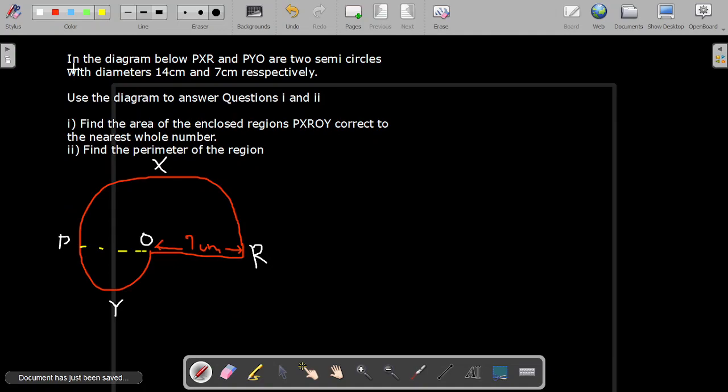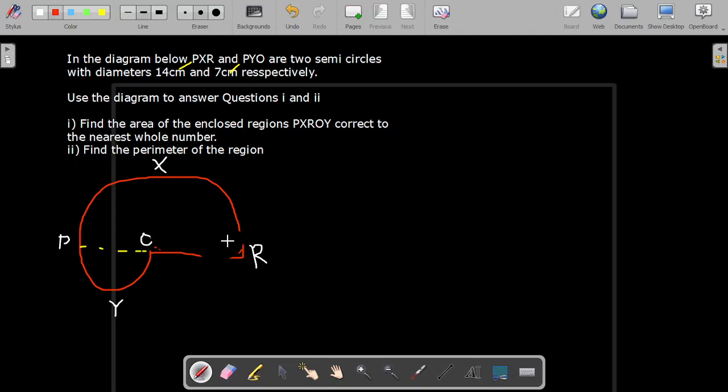PXR and PYO are two semicircles, and they've even stated for us with diameters 14 centimeters and 7 centimeters respectively. So the diameters are 14 and 7. The diameter respectively indicates that this is for this while this is for this.